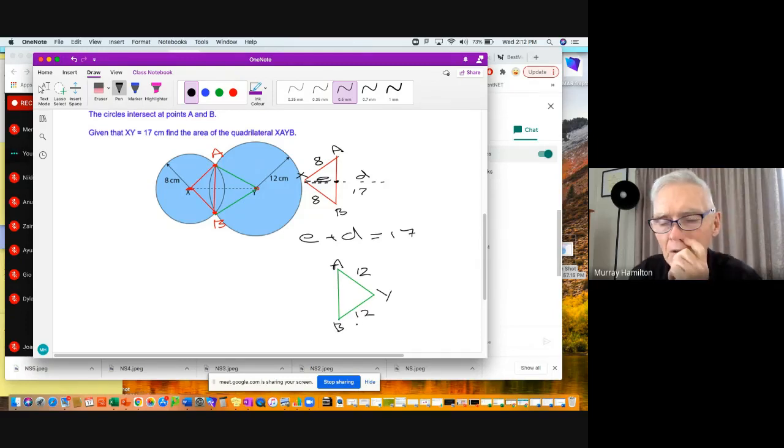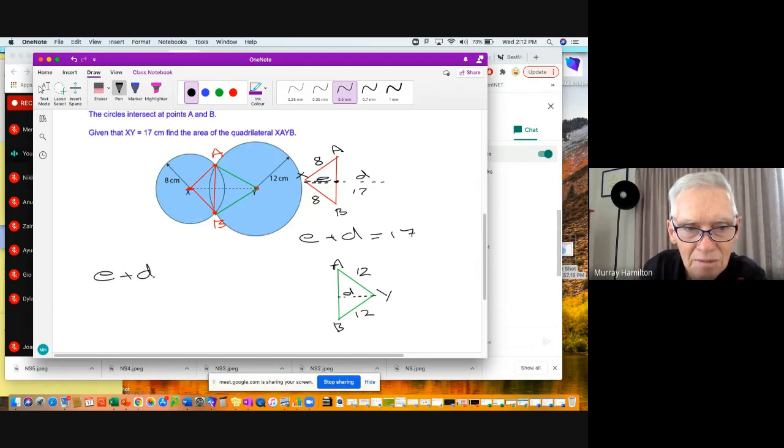Okay, so we've got the two triangles in, and we're given that XY is 17. So I've got this bit here is D, and I've got over here that it's E. So if we take E plus D equals 17, now I can get what E is. I'm going to show you how to do this. Some of you are weak on algebra.